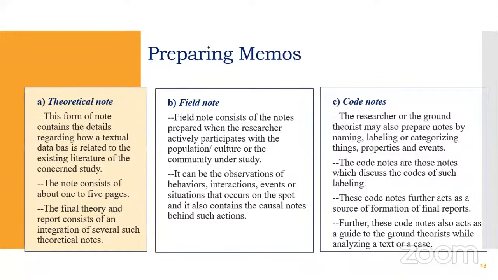Whatever textual database you have, one can try to relate this database with the existing literature and write theoretical notes about it. These theoretical notes help us to integrate and develop the theory at a later stage. Okay.